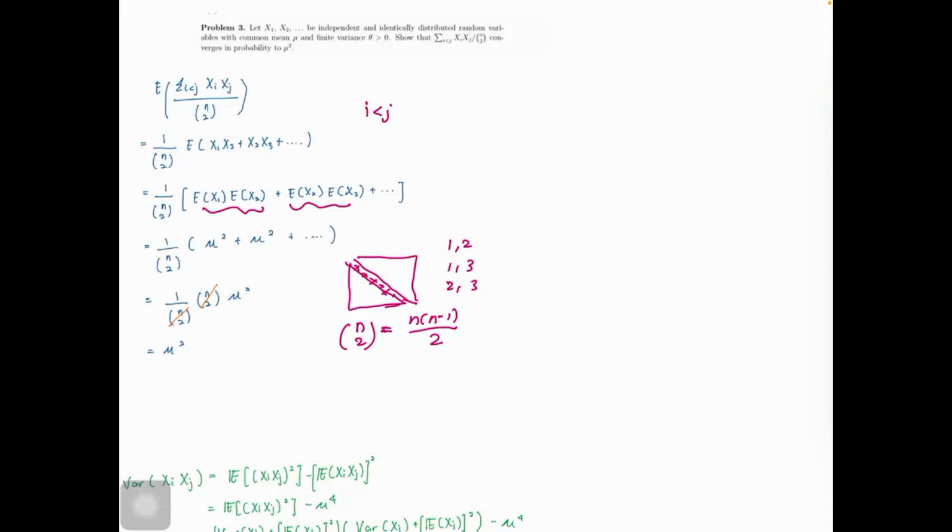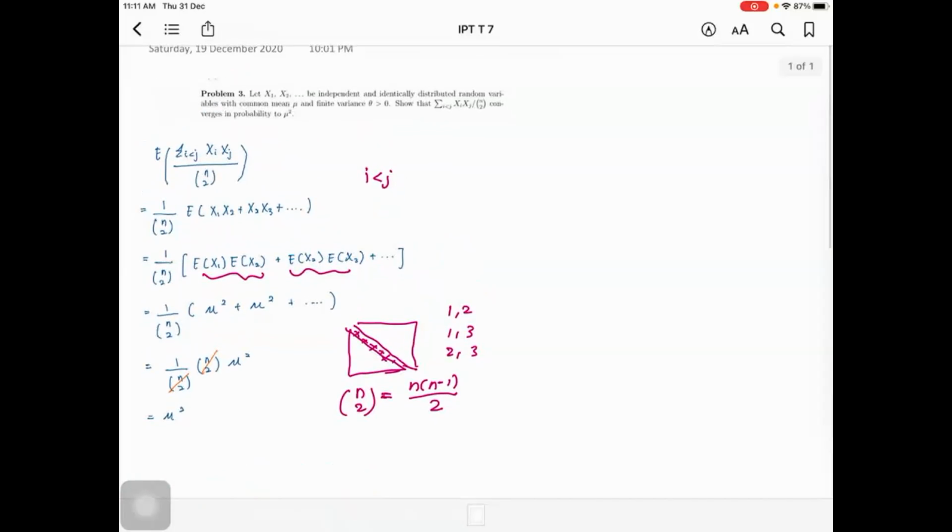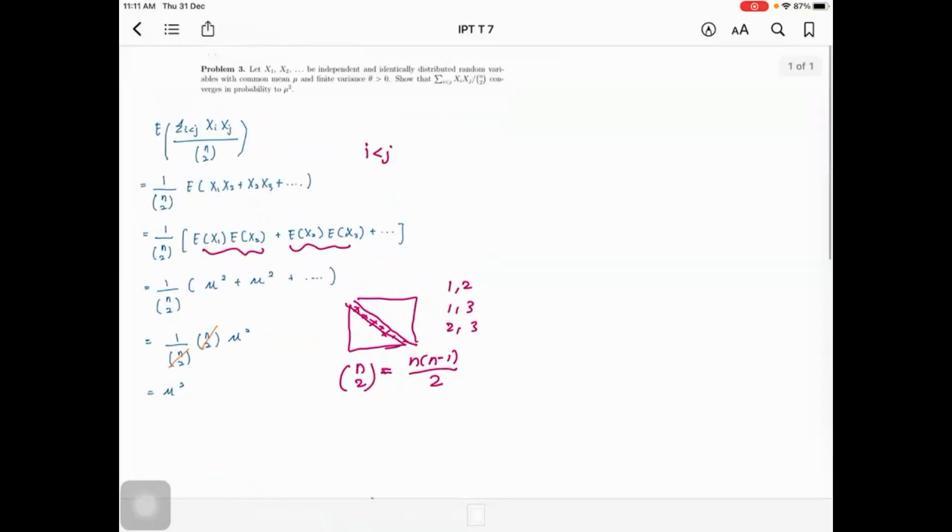Just a minute, yeah. Okay. We need to show that it converges to mu squared, right? I'm trying to write something on the screen, but it seems like for your screen I can't write anything. Maybe you're using a handphone, right? No, iPad. Oh, iPad. All right. Okay. Not sure. Maybe there are some restrictions. Okay.